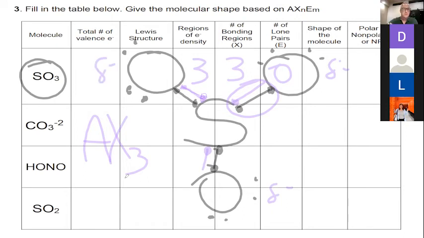So this is what our bond dipoles would look like. One there, and one there, and one there. So those are our bond dipoles. Now, the question is, what would the molecular dipole look like? If we added all those together, what would we get?